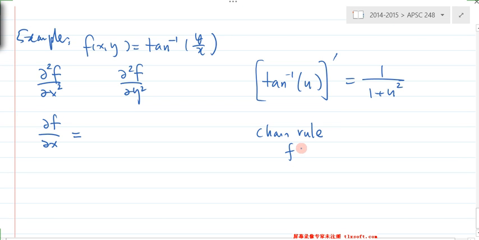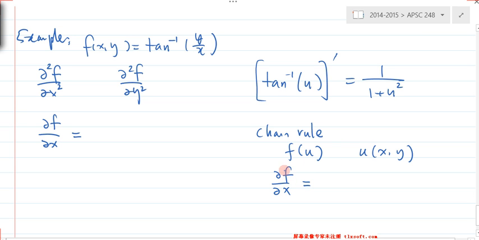If you have a function, for this particular one here, f is a function of u, and u is a function of x, y. Okay, u is a function of x, y. So when you plug the u into f, that's a multivariable function.